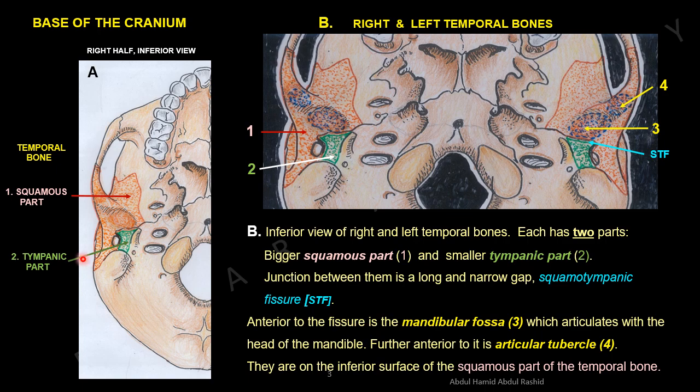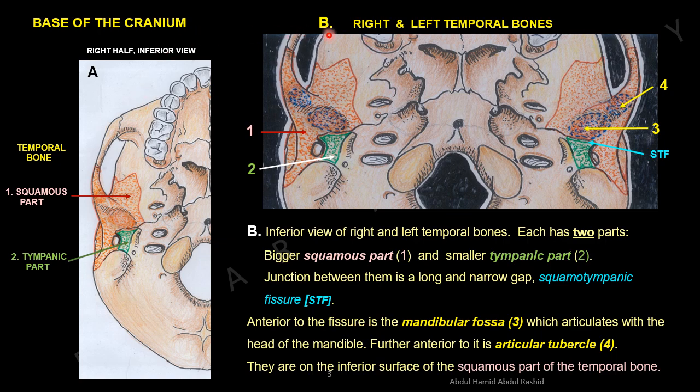If you look from below, you can see there are two parts. Number one, in red, is the squamous part of the temporal bone. Number two, behind this, in green, a small piece, is the tympanic part of the temporal bone. So from inferior you can see the squamous and tympanic parts of the temporal bone.